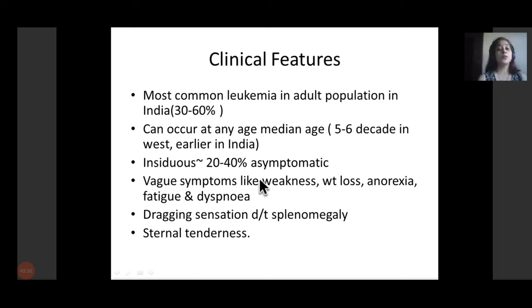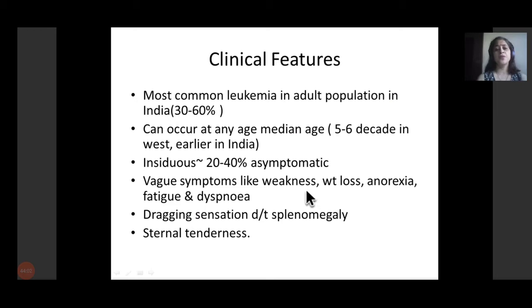They can come with hyperuricemia. They can come to the orthopedic OPD with gouty arthritis. They can come to the GI OPD with complaints of pain in the abdomen, and we find the spleen is huge, coming up almost to the umbilicus, resulting in loss of appetite, dragging sensation, and pain in the abdomen.